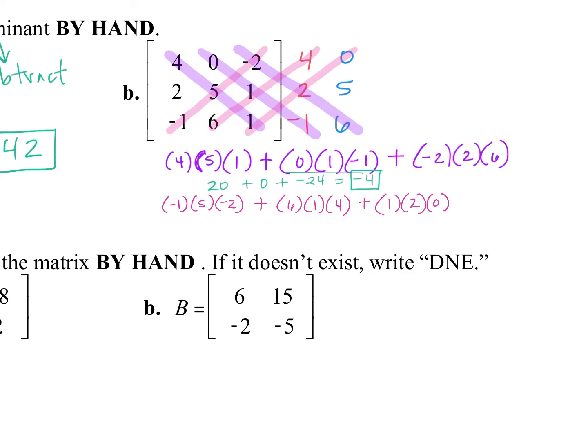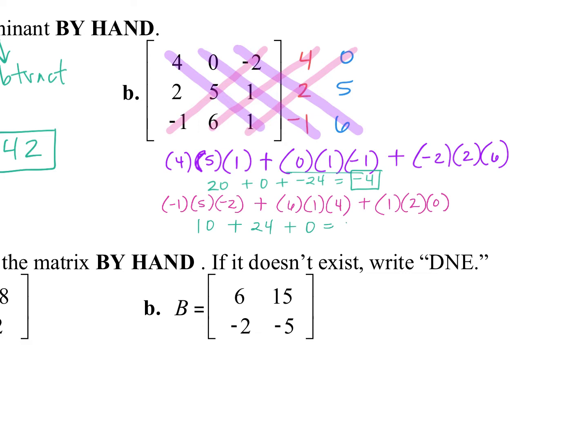Okay, now simplify that. So negative 1 times 5 times negative 2 is negative 5 times negative 2, a positive 10. 6 times 1 times 4 is 24. And then 1 times 2 times 2 times 0 is 0.